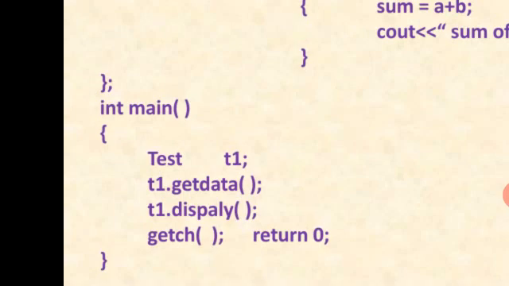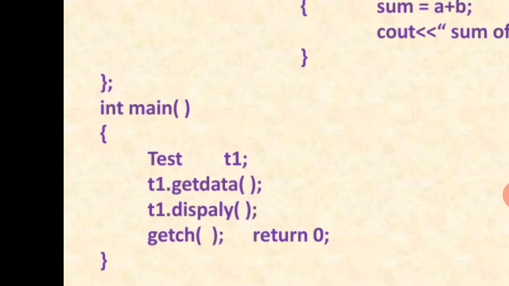Then the third step is accessing the member data. We are accessing the members of T1 by using the dot operator: T1 dot getData. In getData, the two values of A and B will be accepted. So how to access them? By using the object T1 dot getData. Then the second one is we have to display the value, hence T1 dot display. At the end we have to write getch to display the answer on the screen, and finally return 0.